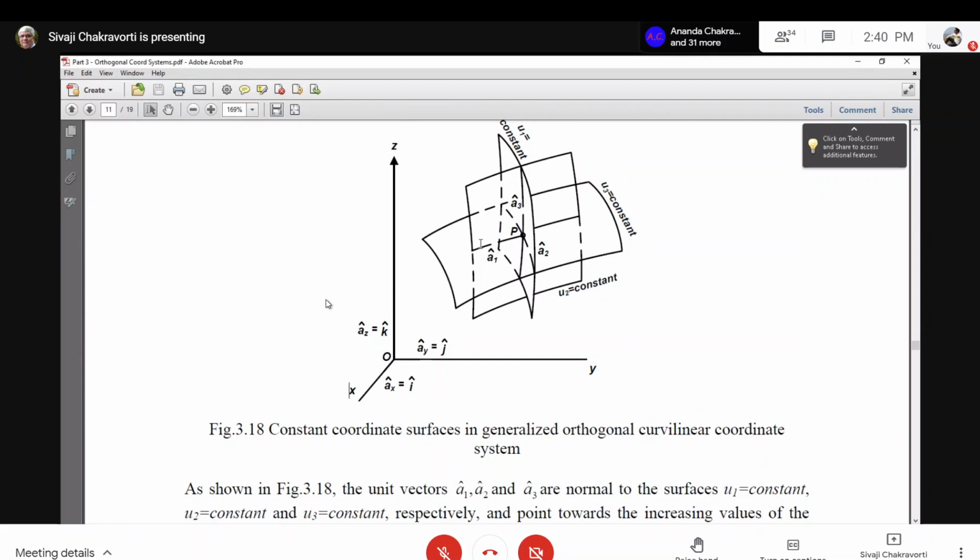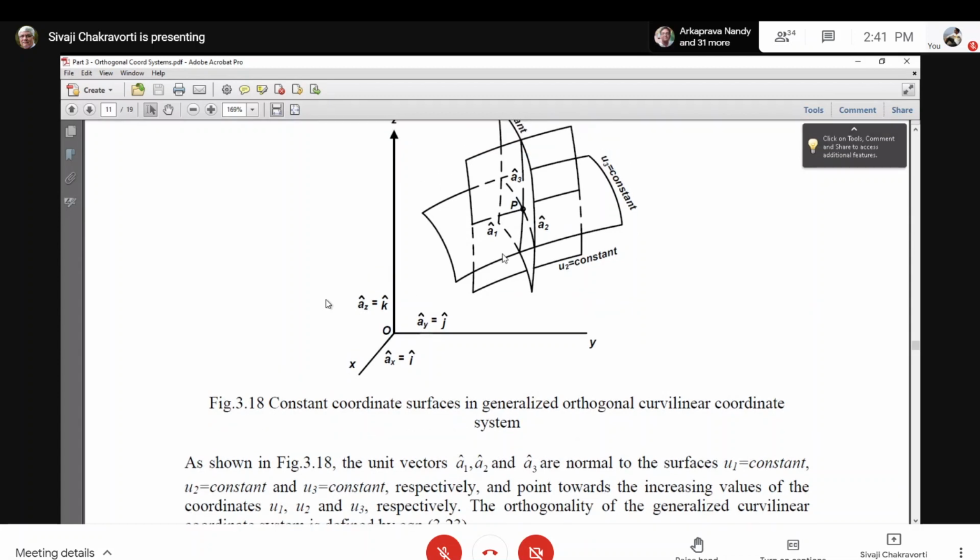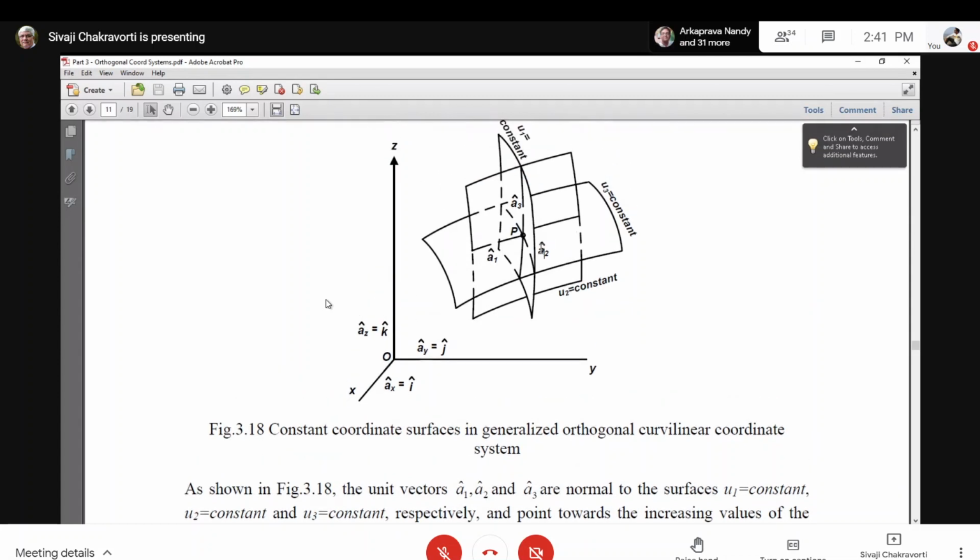But there are two directions of the normal. We will take it in the increasing direction of the coordinate u1, and in the same way we will take a2 and a3, which are normal to u2 equal to constant and u3 equal to constant.